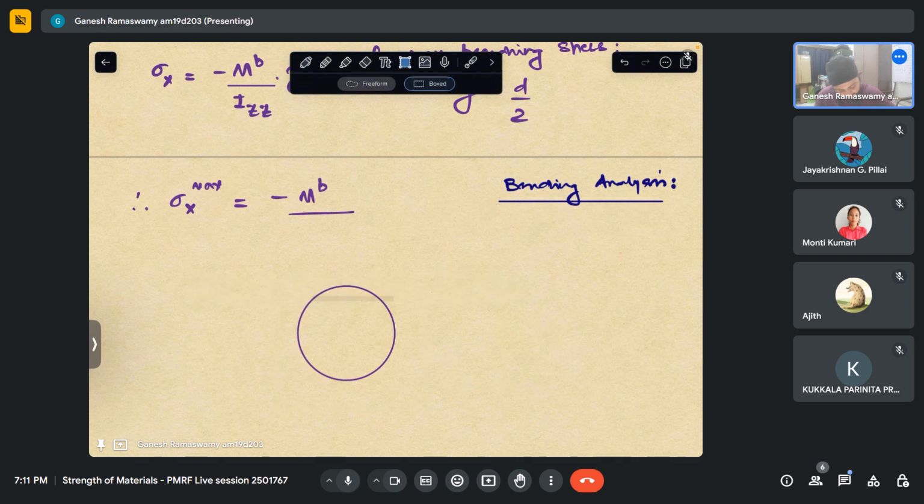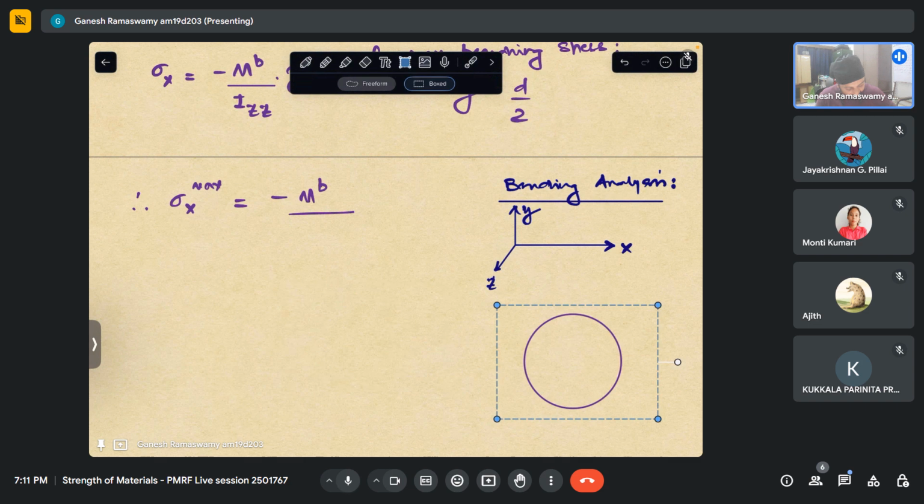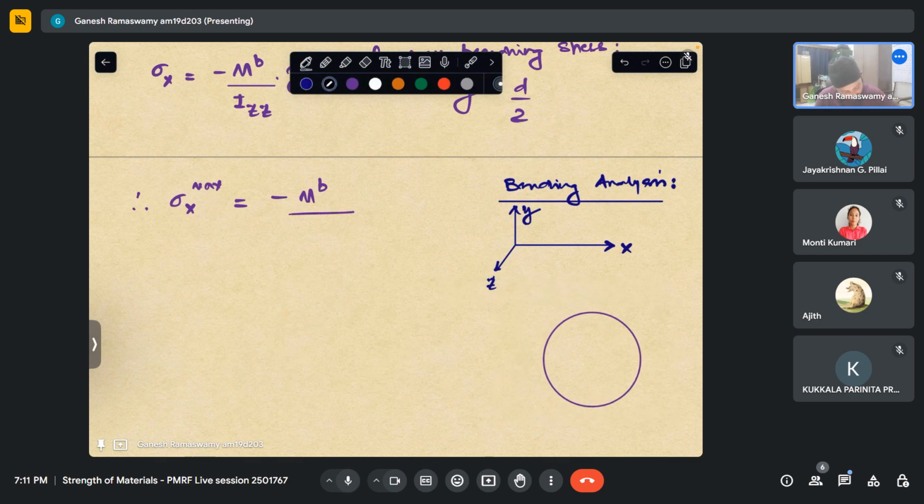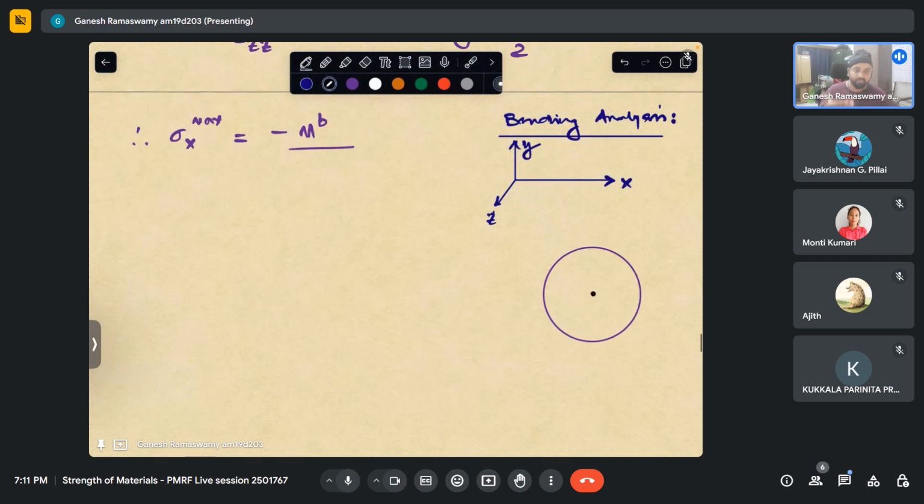So this is the x-axis, and then I have y, and z is coming out of the plane of the paper. So let me just draw it like that, z. And when I look at it in the cross section, I have x coming out of the plane here. This is y, and this is z. So this is what our axes look like when we are considering flexure.